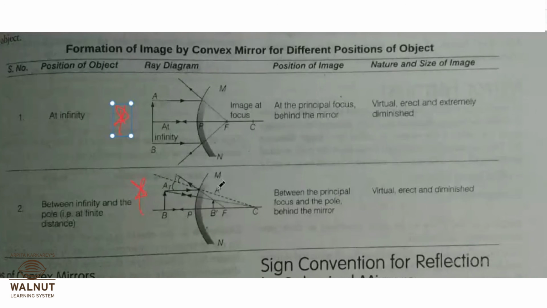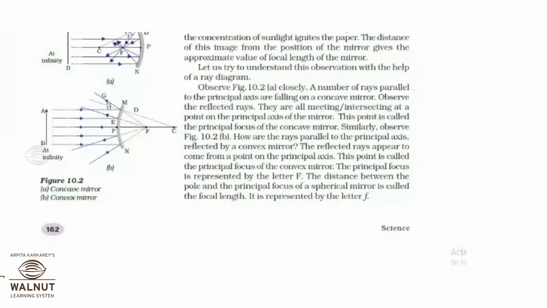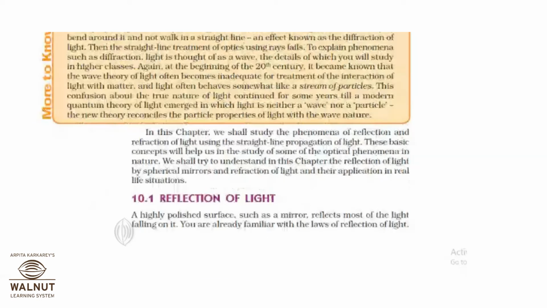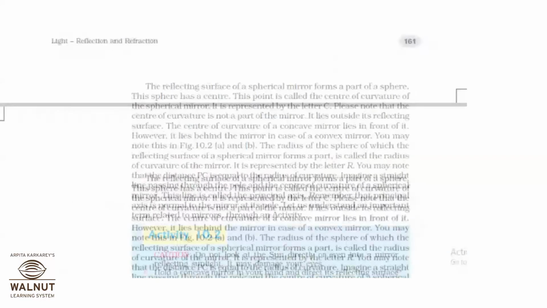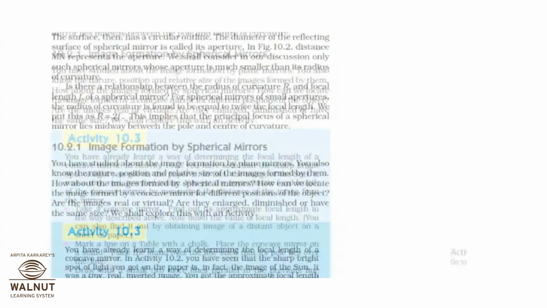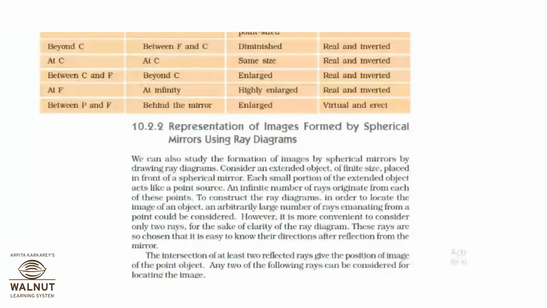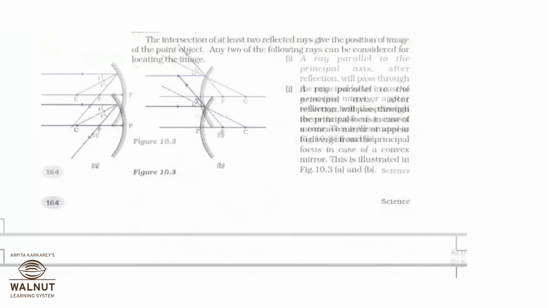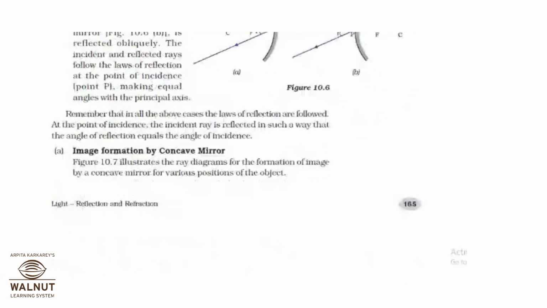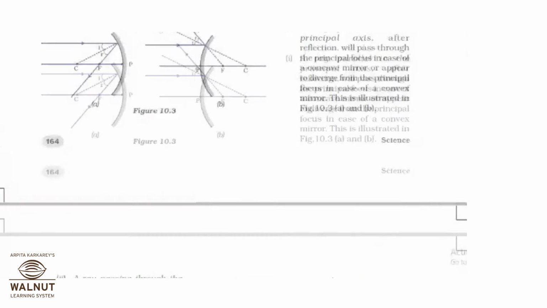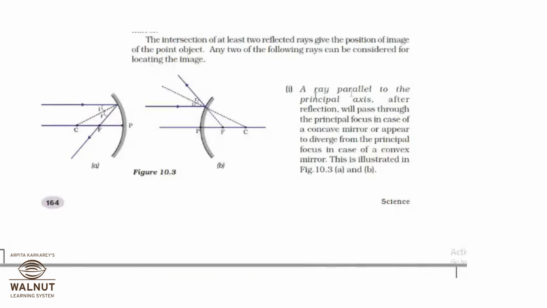Just go through your textbook. In the textbook also it is given. I'll just show you the textbook. Here you can see reflection of light, spherical mirrors. Go through this part, and this is about the concave mirror. Today we have discussed these 4 laws which we just saw: the ray parallel to the principal axis after reflection, which path it will follow.